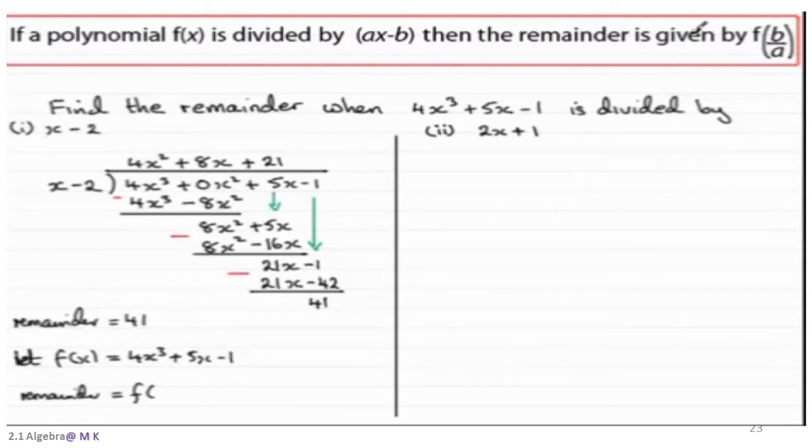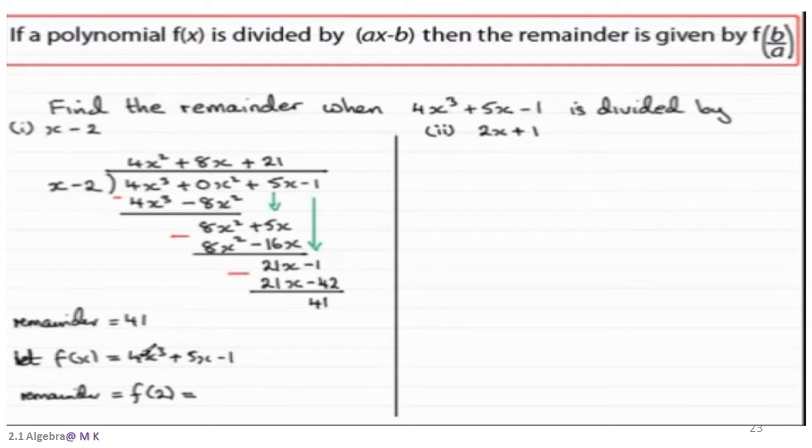And so the remainder is given by f of b over a, so that would be 2 over 1, so f of 2. You can get this value very easily just by putting this equal to 0. If x minus 2 equals 0, x would equal 2. And it's 2 that you'd put into here. So the remainder is equal to f of 2, according to the remainder theorem.